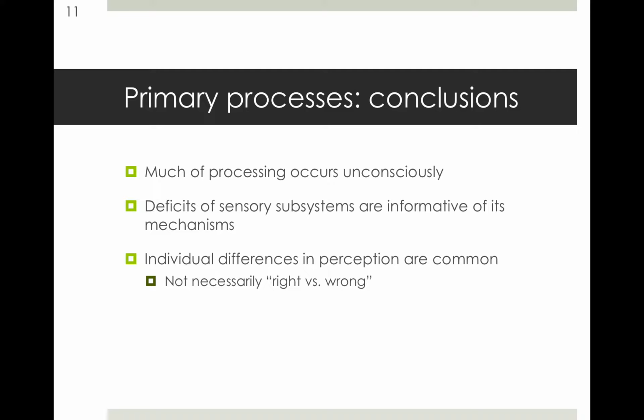And when you have these deficits of sensory subsystems, such as corpus callosotomy, it's quite informative of what kinds of processing might be happening at the same time. And then, as we'll see more today, you do get these individual differences in perception that are actually quite common. So there's not necessarily one right or wrong way of looking at or seeing stimuli.